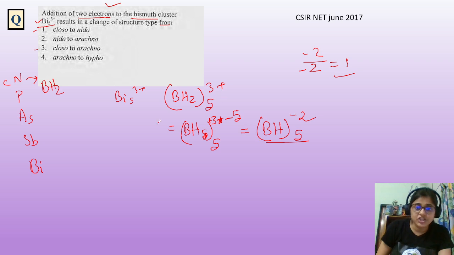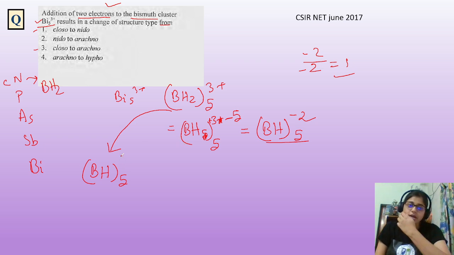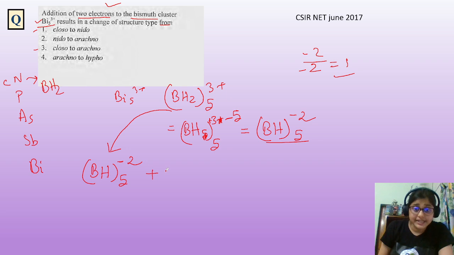Second one means what is given. They say in this structure, I am again writing here BH whole 5. Okay, let's say this structure. BH whole 5 and minus 2. What are we adding? We are adding just 2 electrons. What will be the change?